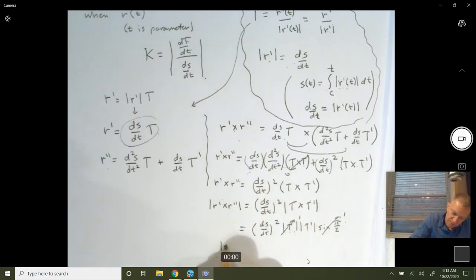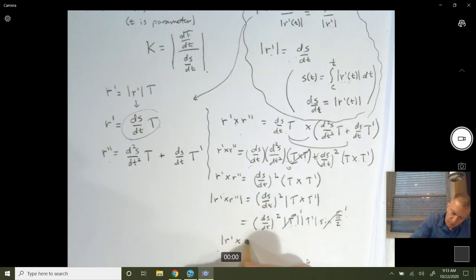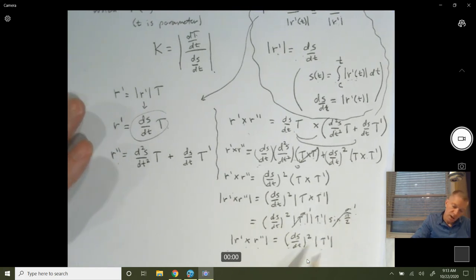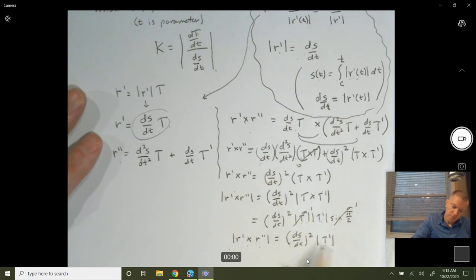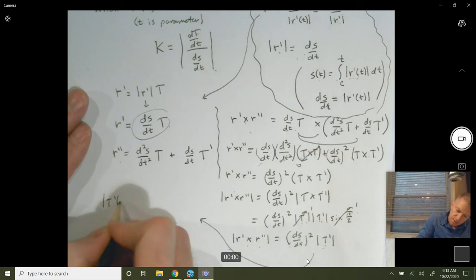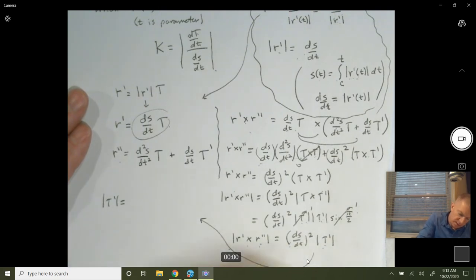So we get the magnitude of r prime cross r double prime is equal to (ds/dt) squared times the magnitude of t prime. All right, and we're almost there. So we have this magnitude of r prime cross r double prime equals this times this, but if we solve this for t prime, the magnitude of t prime is equal to this thing divided by this thing.